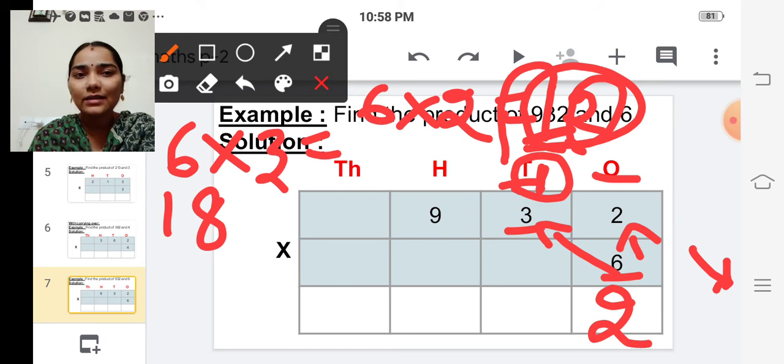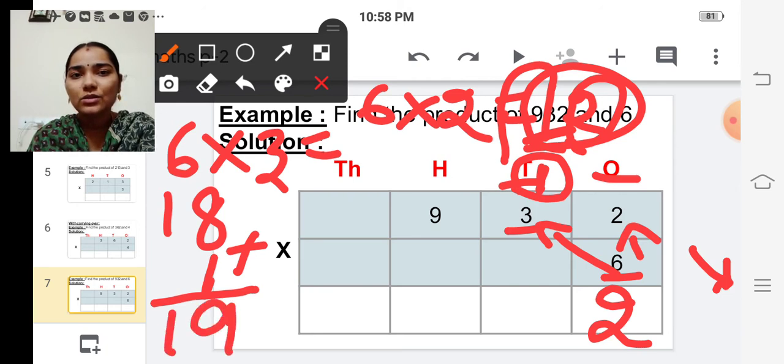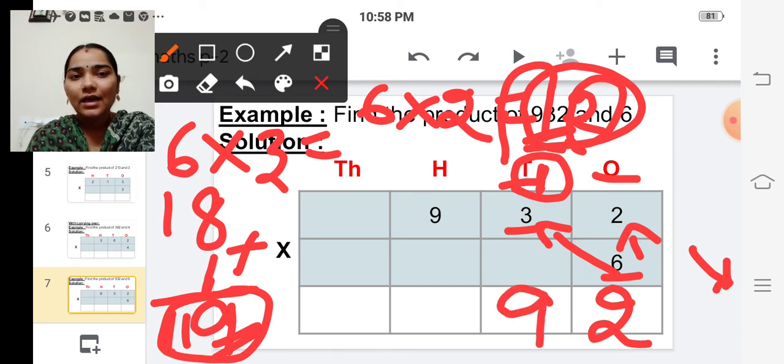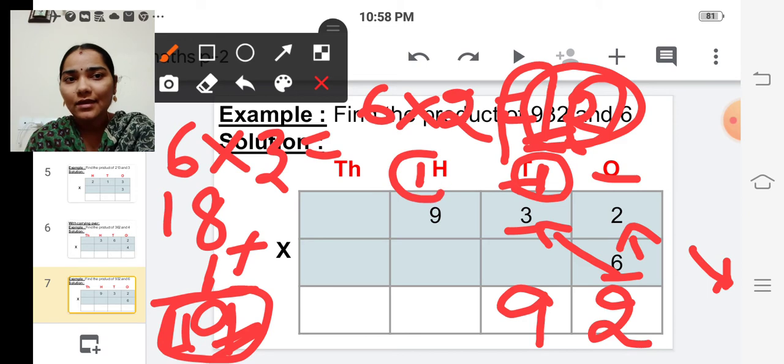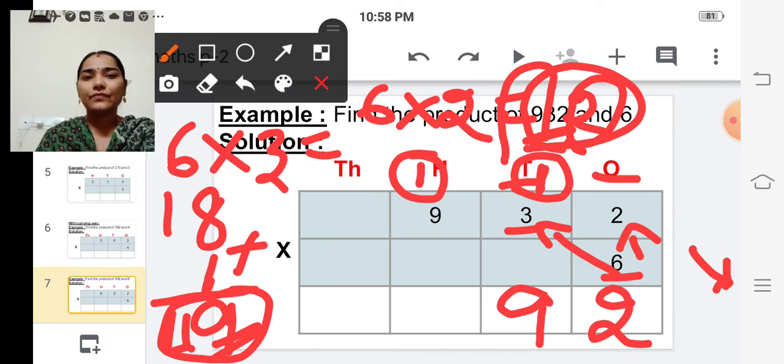So we have to add this 1. So 18 plus 1 is 19. So here also we are getting a 2-digit number. So we write this ones digit in the answer, and carry over this tens digit, that is 1, to the next place. Is it clear, children?